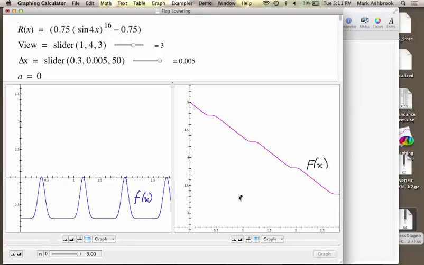And so let's investigate, say, from x equals 0.7 to, let's say, x equals 2.2. And then over here, that's from here to here.